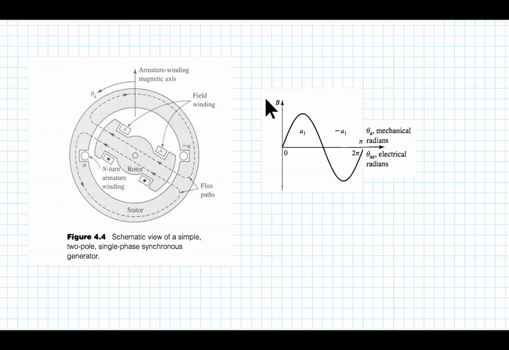So let's look at the magnetic circuit for the synchronous machine. For the moment, I'm just going to look at what we're going to refer to as a simple synchronous machine, where we have the field winding shown here wrapped around this salient, or dog bone shaped, rotor.